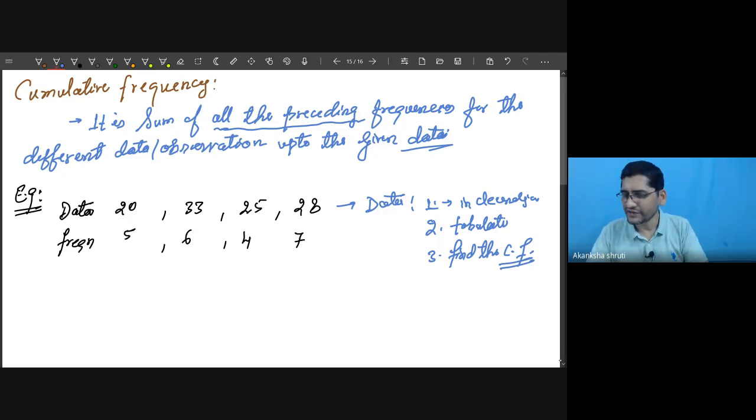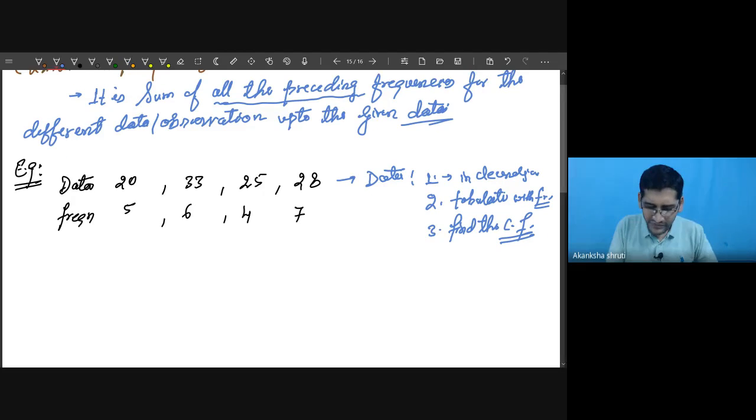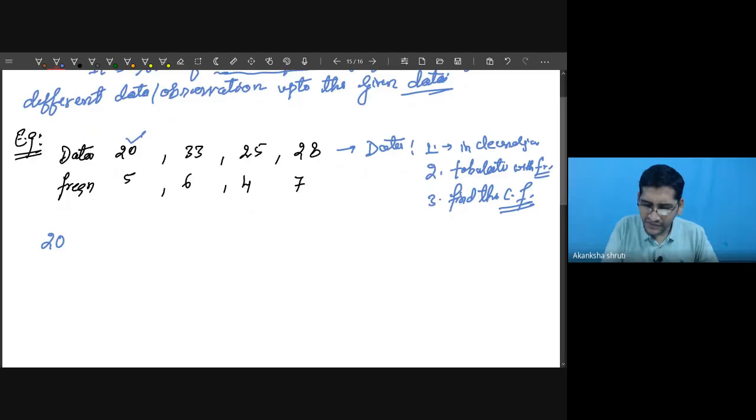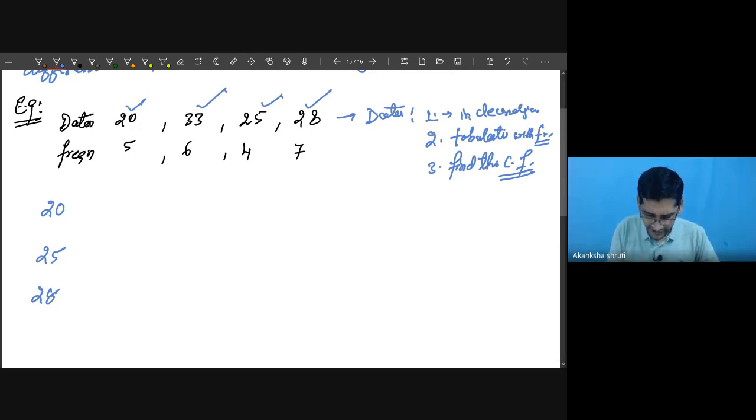So tabulate with frequency. In the second step, see what we are doing. Student, first I am writing this 20. Then after this 20, we have the 25. After this 25, we have the 28. After this 28, we have the 33. Write respectively the data we have taken, with the respective frequency in front of it.